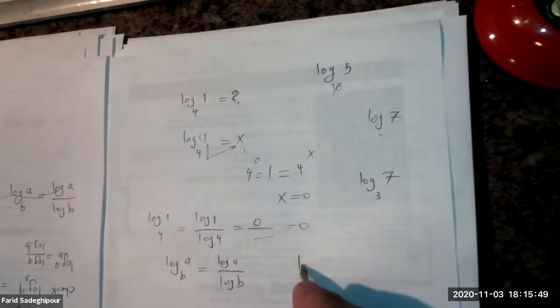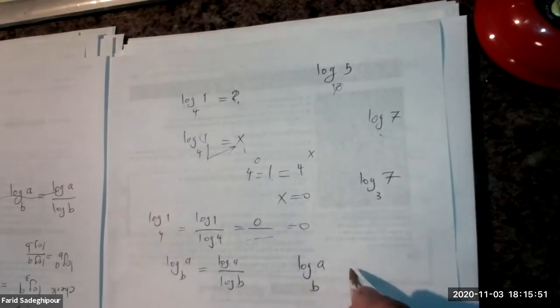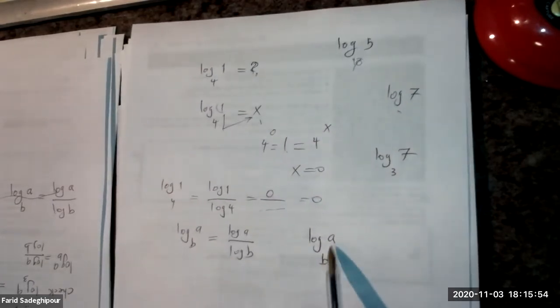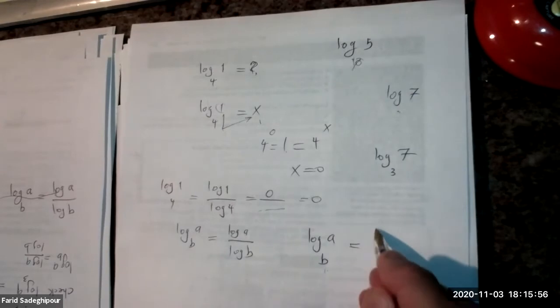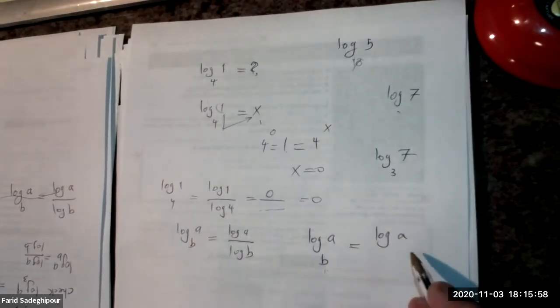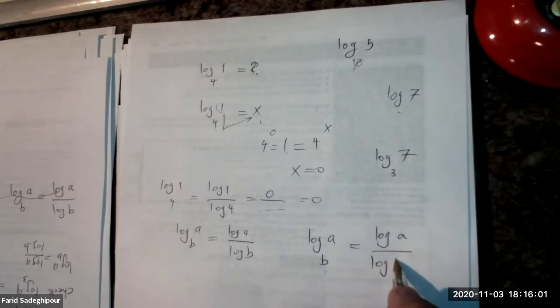But if the base is not 10, like calculate log of 7 with base 3, then you cannot type that directly on the calculator. We have a formula. If the base is not 10, let's say you have log of a with base b, you could write it as log of a with base 10 divided by log of b. So when we ask you to calculate log of 7 with base 3, you write it as log of 7 divided by log of 3.